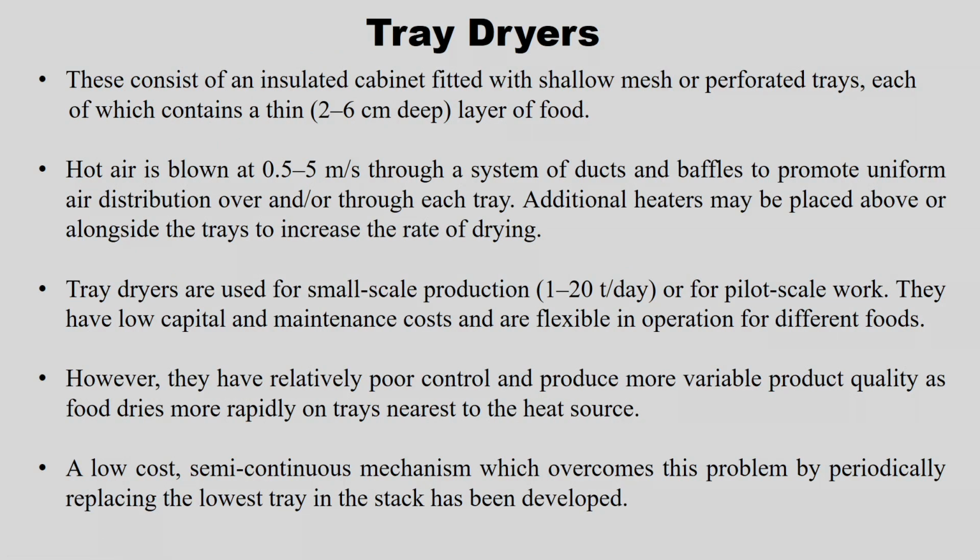And the next one is tray dryers. These consist of an insulated cabinet fitted with shallow mesh or perforated trays, each of which contains a thin layer of food, about 2 to 6 centimeter deep. So, one cabinet has a lot of perforated trays in which the food material is kept.